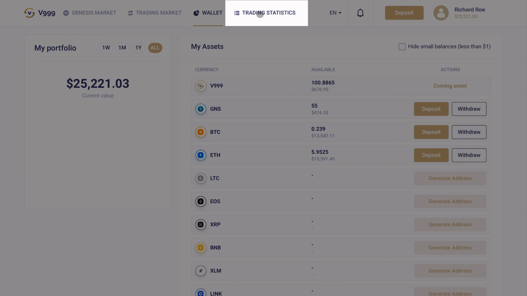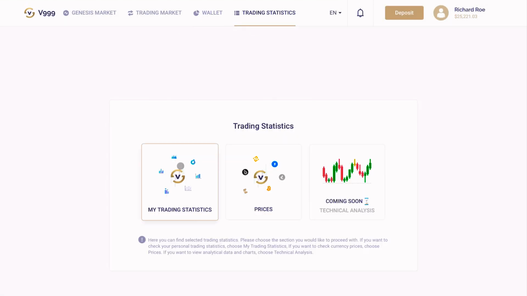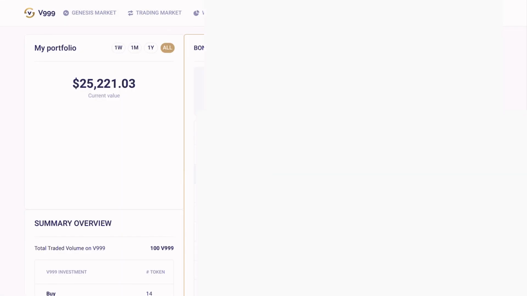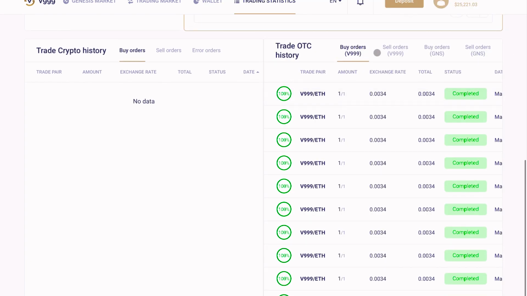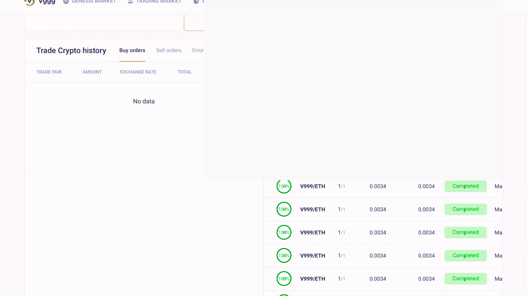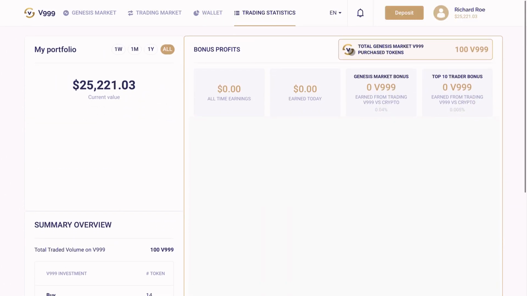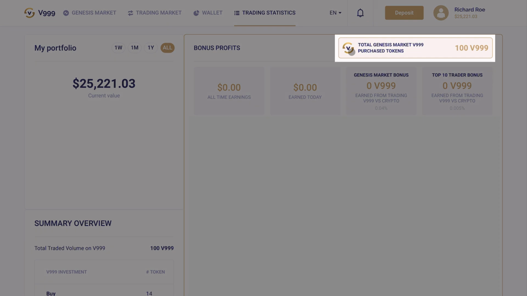Under Trading Statistics, you will find a complete overview of all your trades. Remember, all the V999 tokens you have bought on the Genesis market will give you lifetime participation in the V999 trading volume.